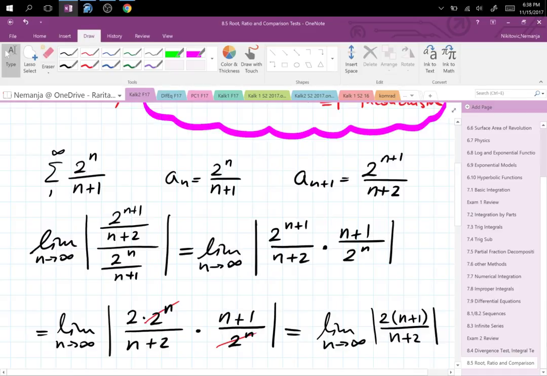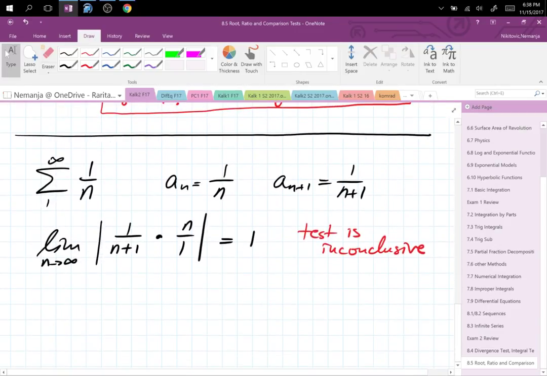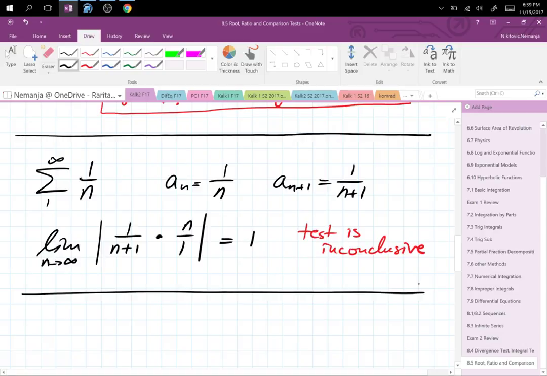So let's try another. One more ratio example, something from homework. And then we're going to jump to the next one, which is root. So I have to flip all the way to, there we go.